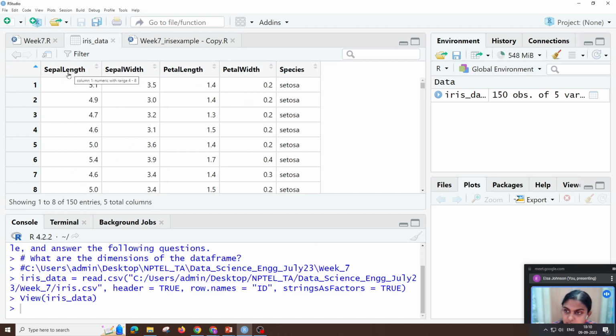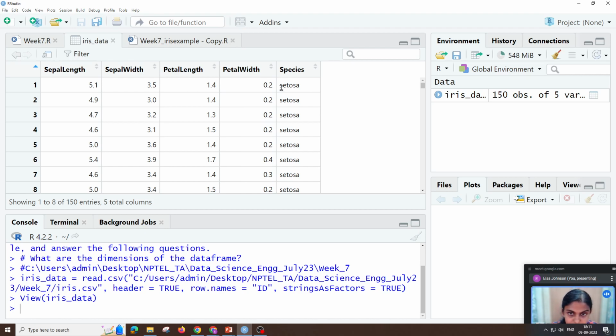Here you can see the ID number is taken as the row names as we said, then sepal length, sepal width, petal length, petal width, species. Placing the dollar sign on the column name will give you the column type. The first one is numeric, the second also numeric with a range given, the third numeric with range 1 to 7, the fourth also numeric, and the fifth is a factor.